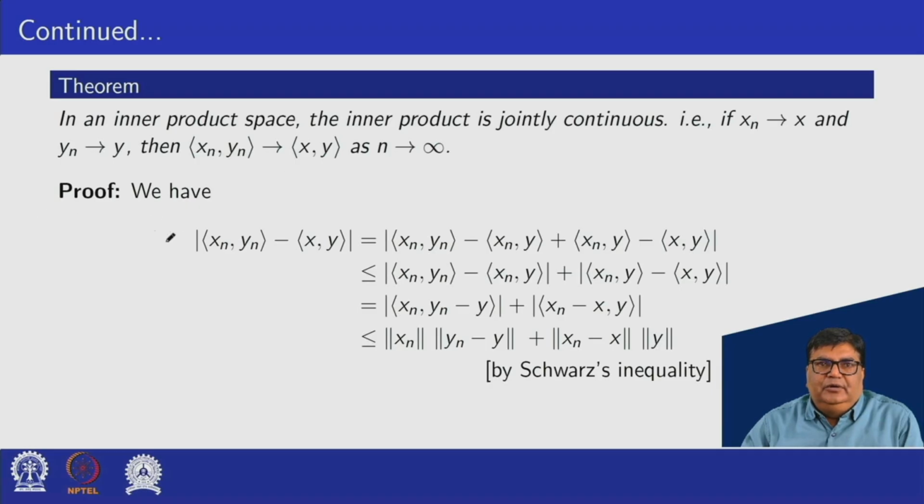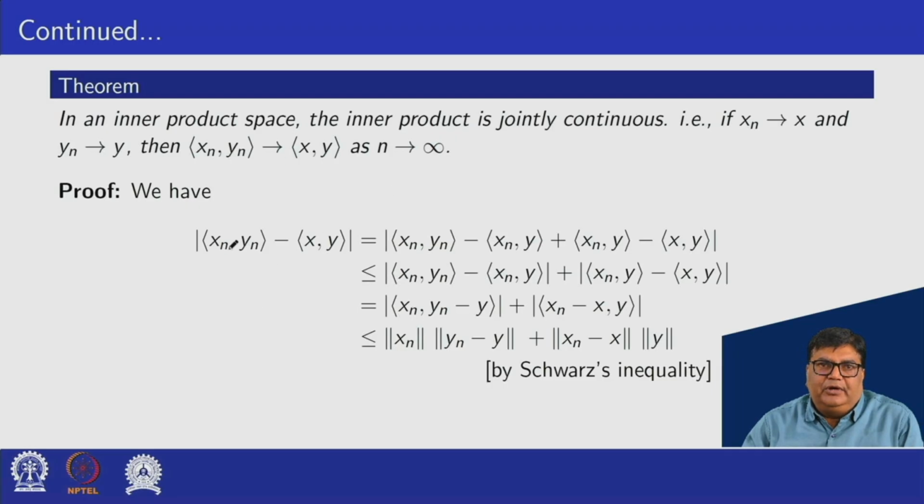Proof. If we prove that mod of inner product of x_n, y_n minus inner product of x, y converges to 0, then inner product of x_n, y_n converges to inner product of x, y. So let us prove it.